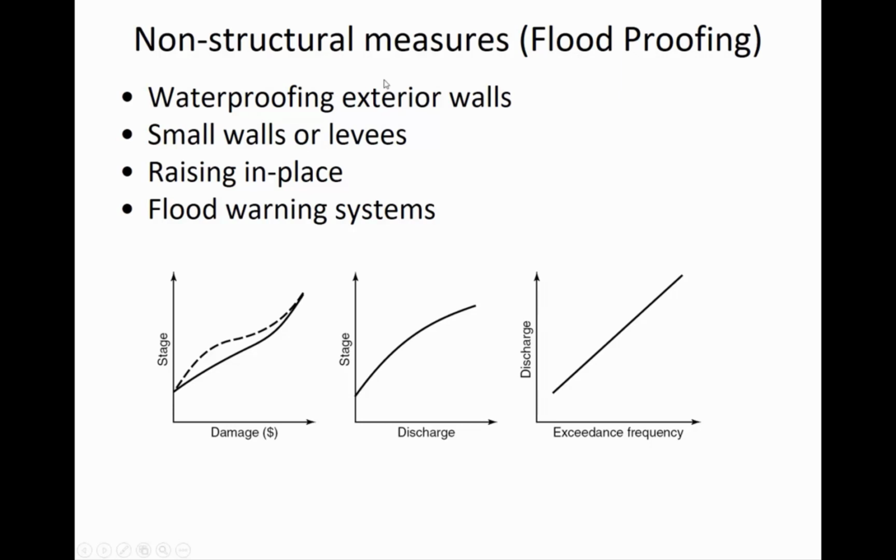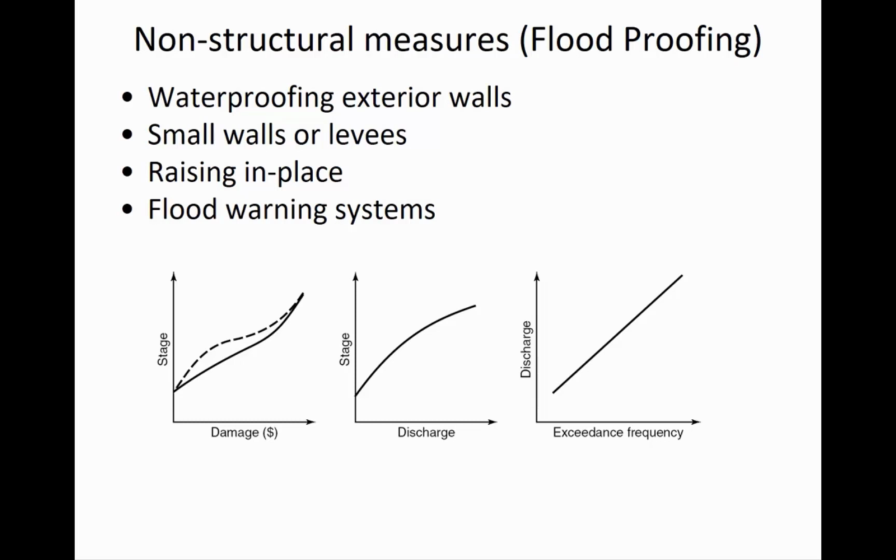Flood-proofing involves non-structural measures like waterproofing the walls, raising a structure in place, or flood warning systems that allow people to evacuate and move their vehicles. What it does is make it so that you have to have a higher depth of water to get a certain amount of damage.